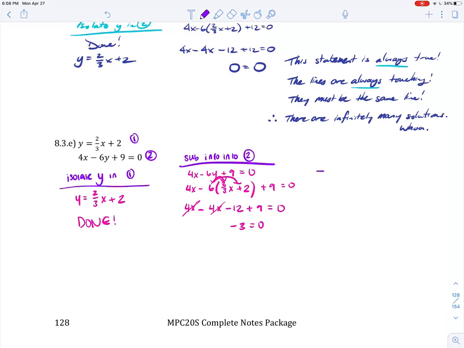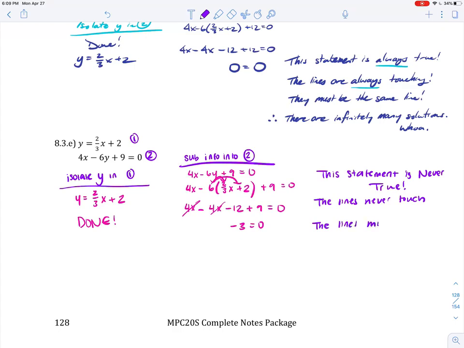But we're not silly billies. We know that negative 3 is never equal to 0. The statement is never true. Never ever. Which means the lines never touch.